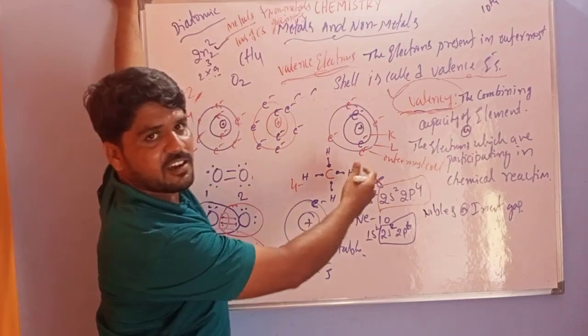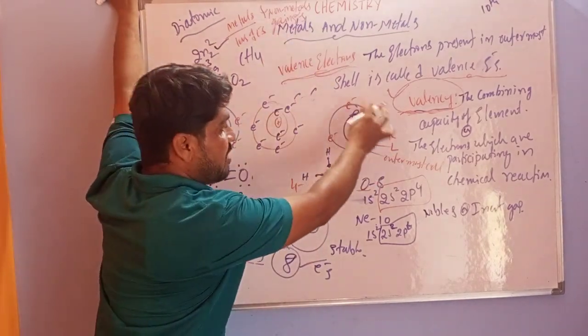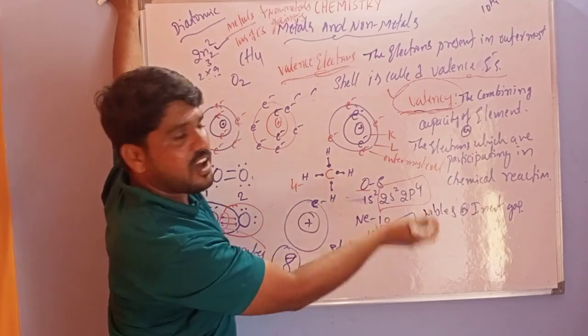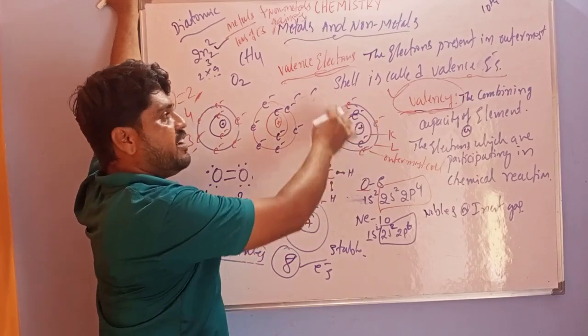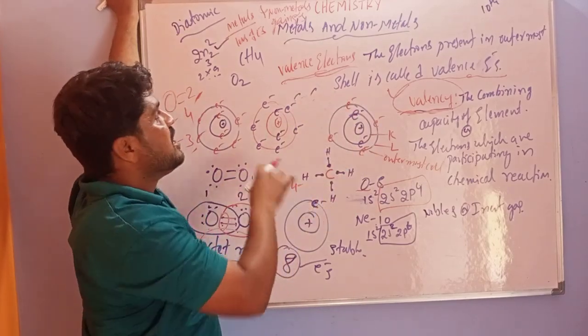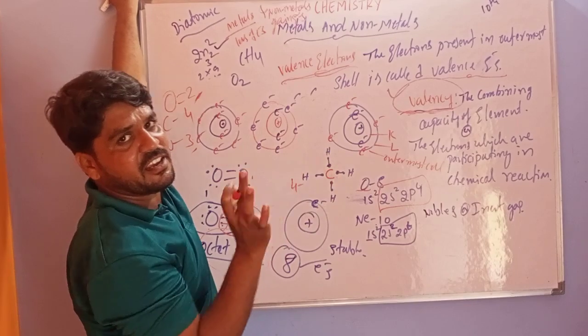Which electrons are lost or gained? Valence electrons. These valence electrons are responsible for the making or breaking of bonds.